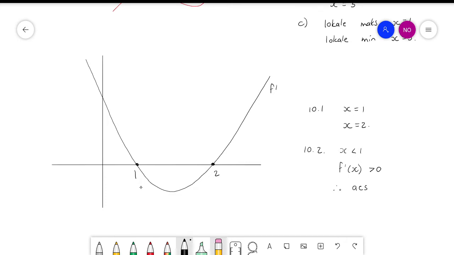Let's stick to the Afrikaans. Stygend. Okay.